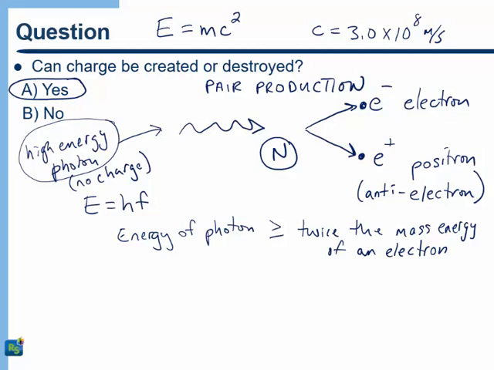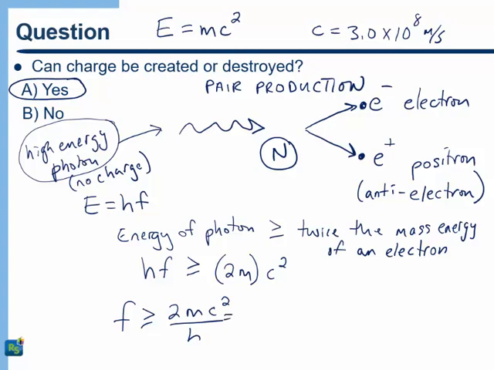So in other words, the energy of the photon, hf, has to be greater than or equal to the mass of the positron and the electron, so 2m, where m is the mass of an electron, times c squared. What we find then is the frequency is greater than or equal to 2mc squared over h.